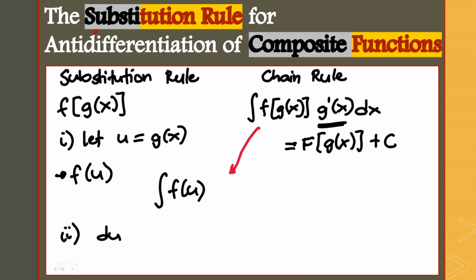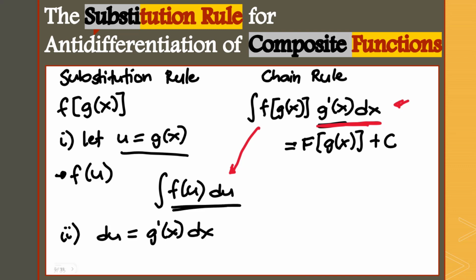That derivative of u would be g prime of x dx. This stands for, not just g prime of x, but this entire expression. So instead of this more complicated form, we will have f of u times du. This becomes a simpler form of a function where we are going to find the antiderivative, integrating the inner function, depending on what type of function f of u is.